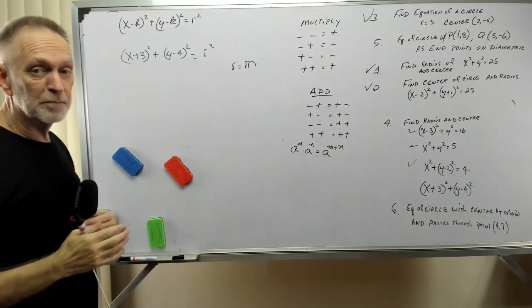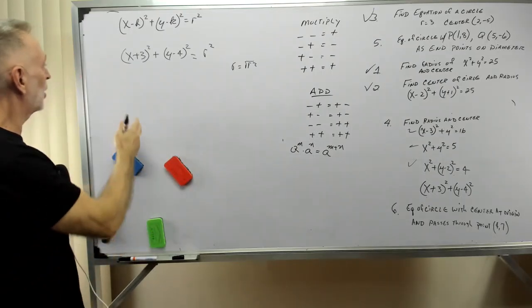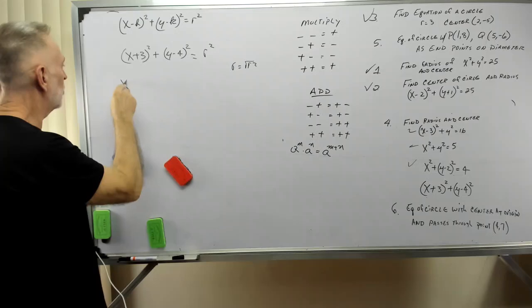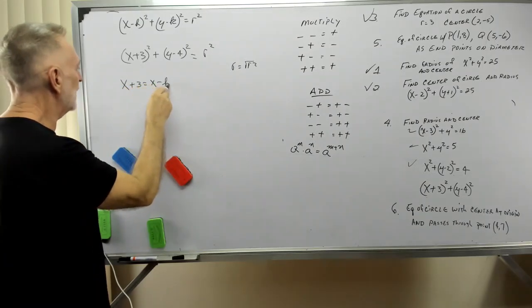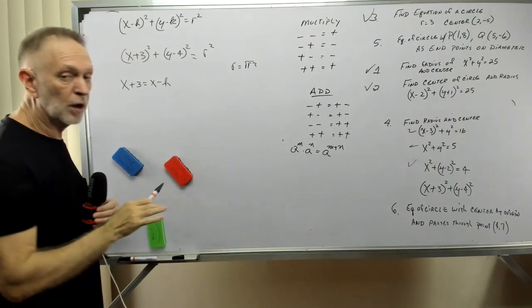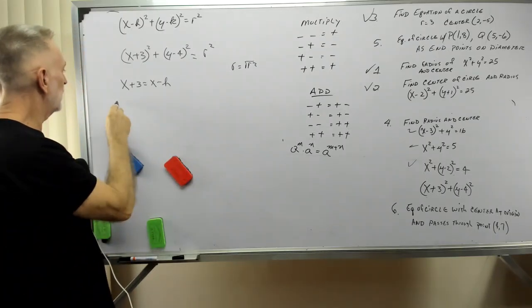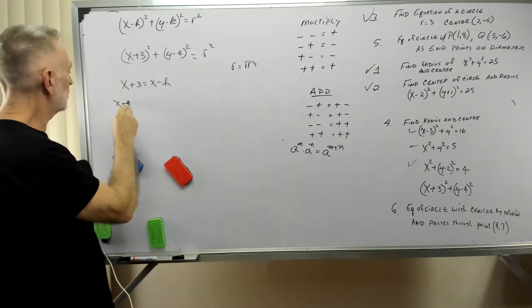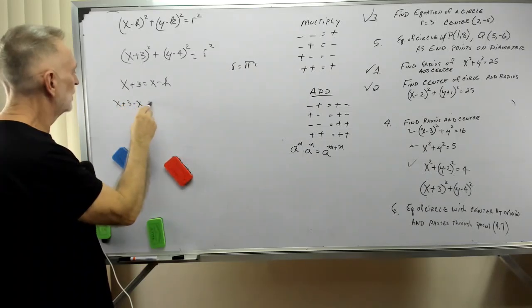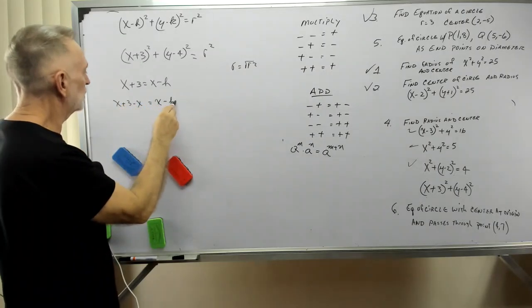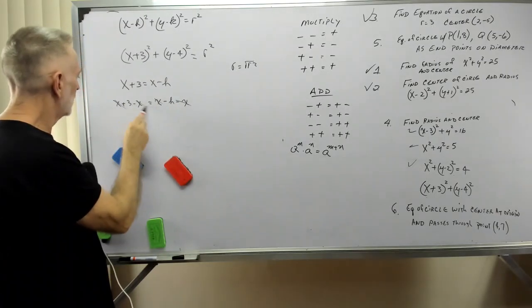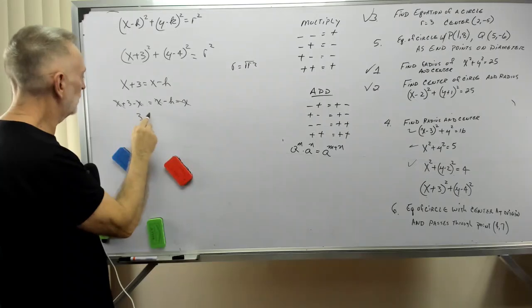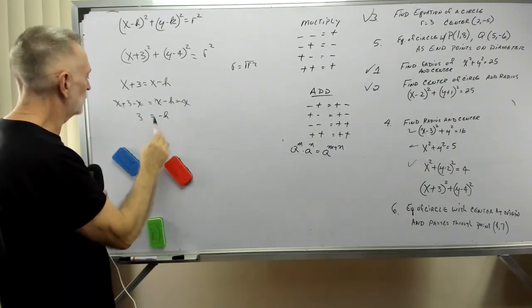It's not x minus, it's x plus. So we have to go back to x plus 3 equals x minus h. Solve for h. So we have x plus 3 minus x equals x minus h minus x. So the x's cancel. So a positive 3 equals a negative h.